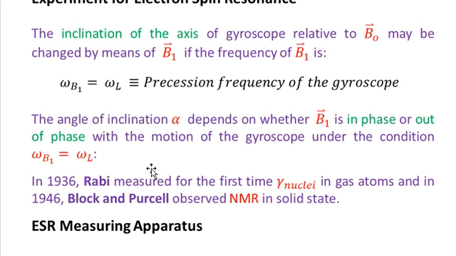And you know that this is actually the resonance condition of the external magnetic field B1 with the precessional motion of the bar magnet. In 1936, Rabi measured for the first time the gyromagnetic ratio of the nuclei in gas atoms. And in 1946, Bloch and Purcell observed nuclear magnetic resonance in solid state samples.